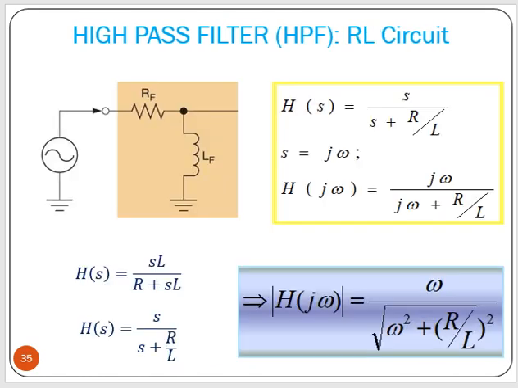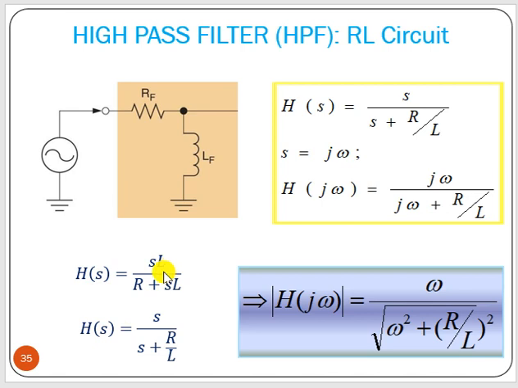Now for RL circuit, we have to observe the output from L. If you write the equation, by voltage divider rule, V out equal to SL divided by R plus SL into V in. So V out by V in equal to this one.